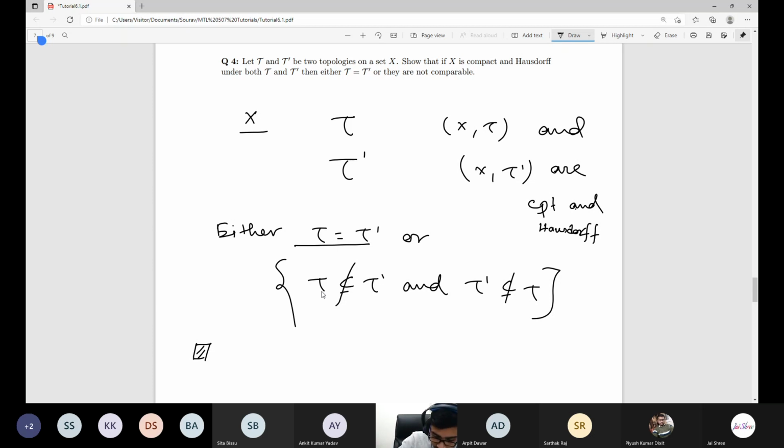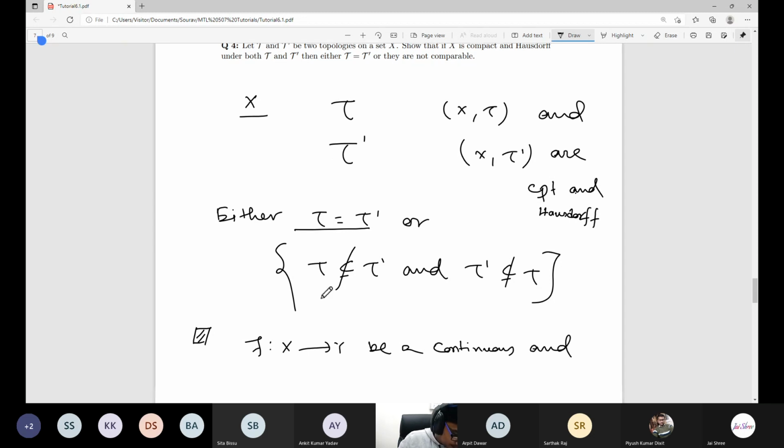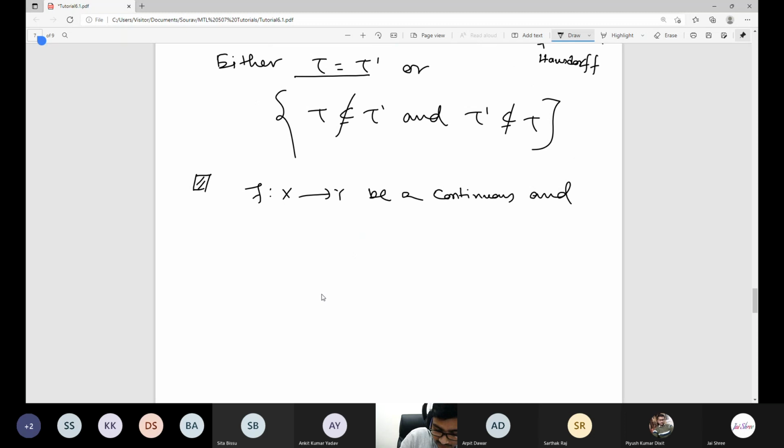Do you know this result? Suppose f from X to Y is a continuous and bijective map, where X is compact and Y is Hausdorff.